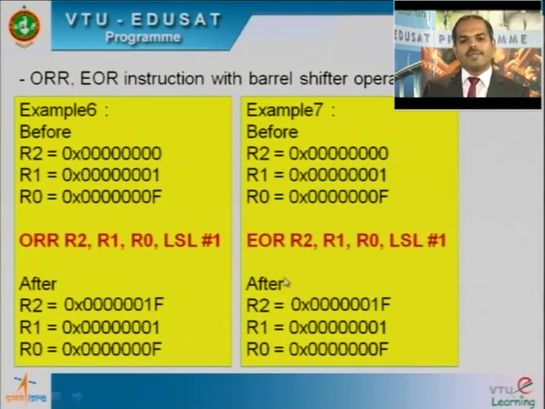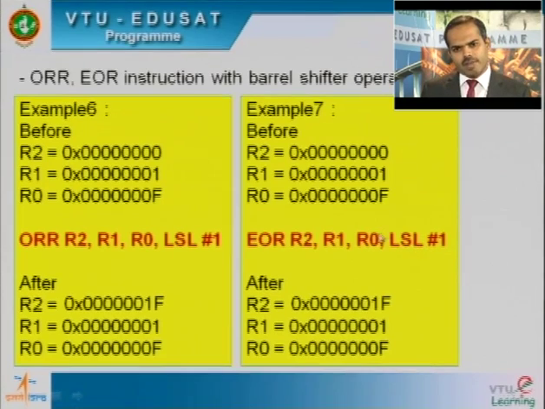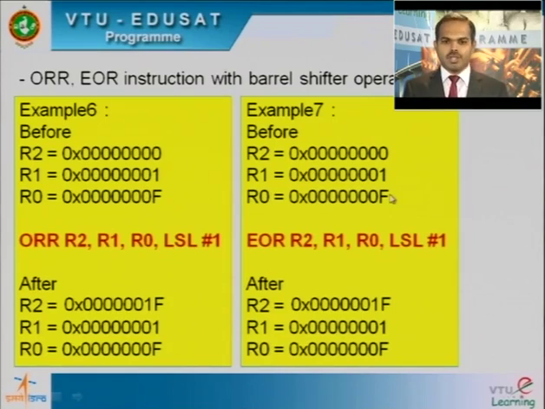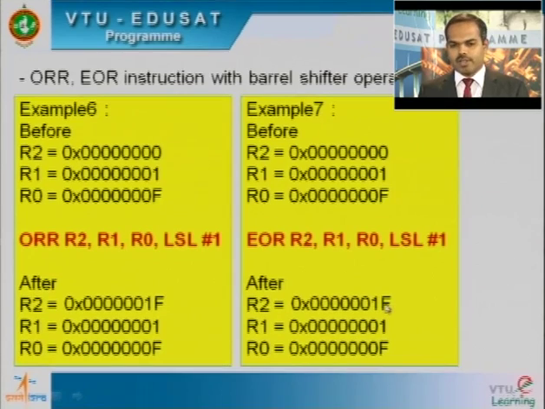After the execution, the logical shift left of the R0 content, again F shifted by one position to the left, will result in 1E. 1E XORed with 1 will result in 1F.